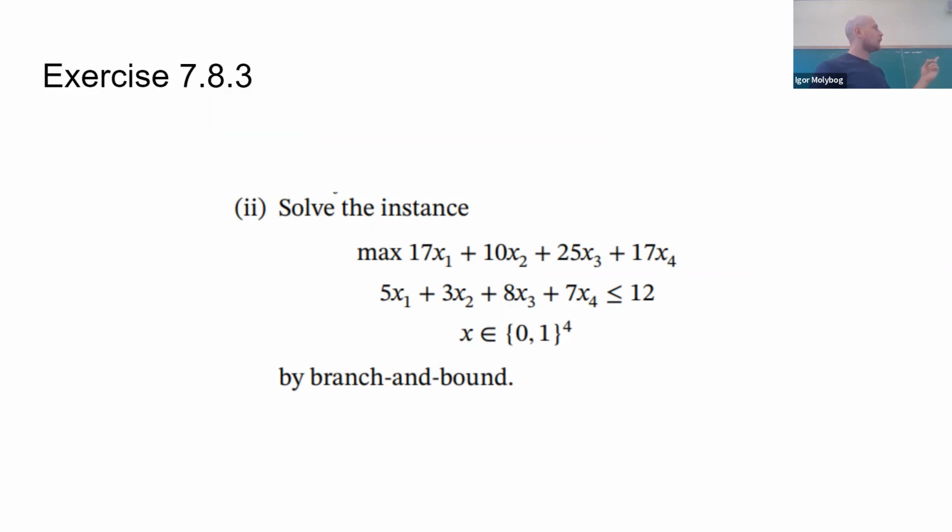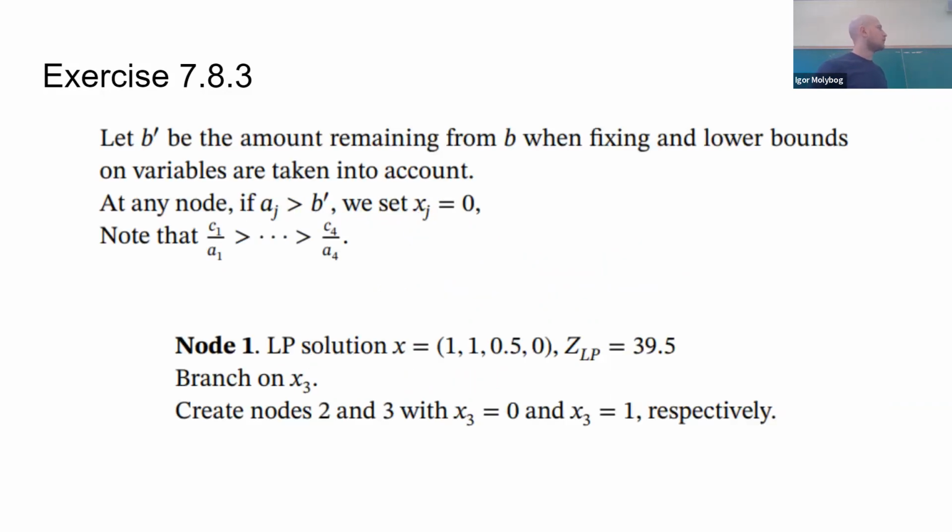Let's see how we can solve the instance of the problem consisting of 4 variables by a branch and bound approach. So let's say that our b' is the amount remaining from b when the lower bounds on variables are taken into account.